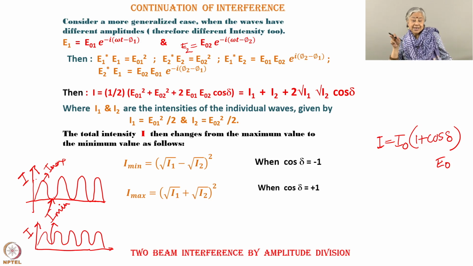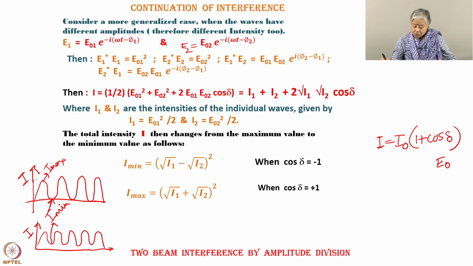But consider the case when both the waves, or both the beams of light, started off with the same intensity, which was I0. This is the more generalized case, where the two amplitudes are not the same when we start off, and this is the more specialized case where the two amplitudes were equal.